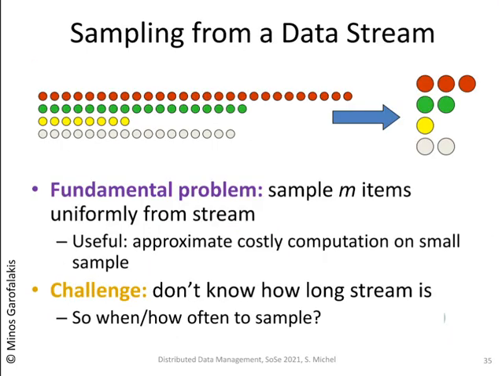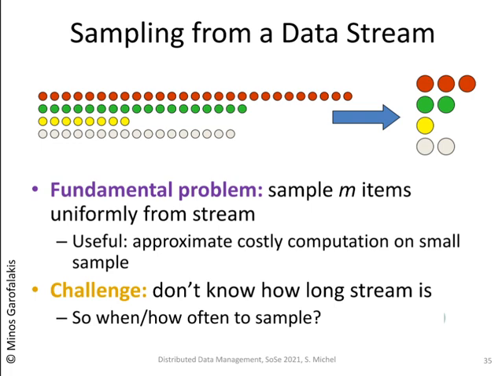So in this example, we just made use of a random sample, which was just written there, right? But in general, sampling from a data stream is really a fundamental problem because you want to draw these samples in a uniform way. And then, of course, once you have this uniform sample, you can use the sample to approximate your query result. Now, the problem is, how do you obtain a uniform sample if the stream is not ending? So we don't know how long the stream is.